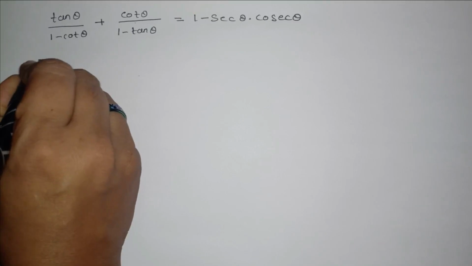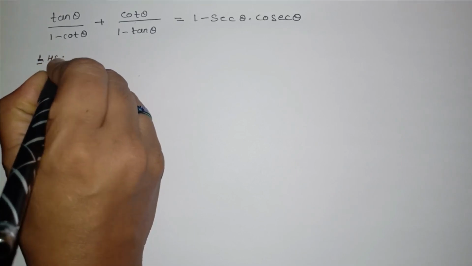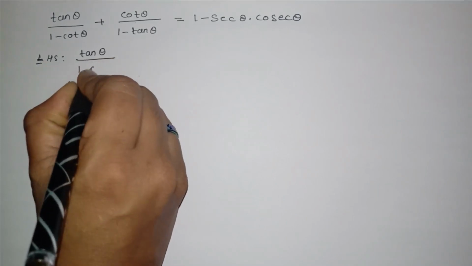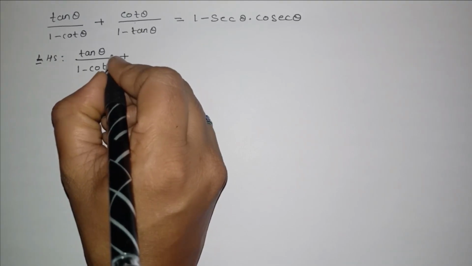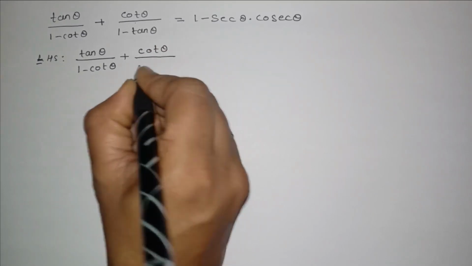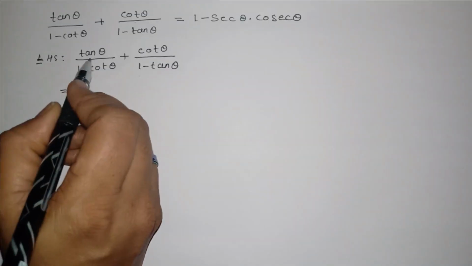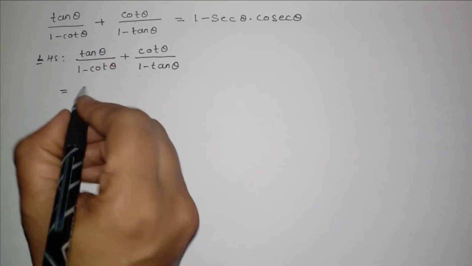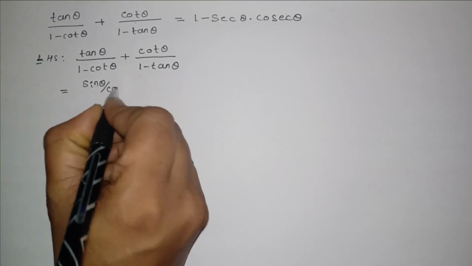So let us first consider LHS: tan theta divided by 1 minus cot theta plus cot theta divided by 1 minus tan theta. Tan can be converted in terms of sin and cos, so tan is sin theta divided by cos theta.